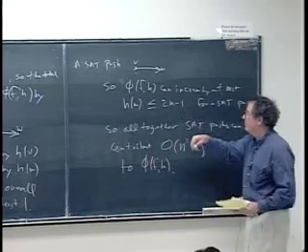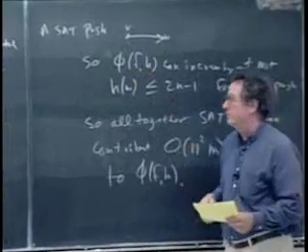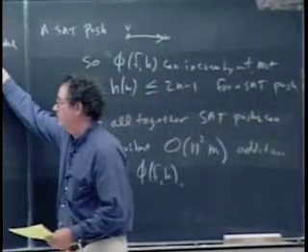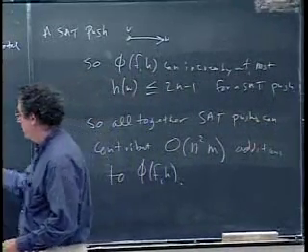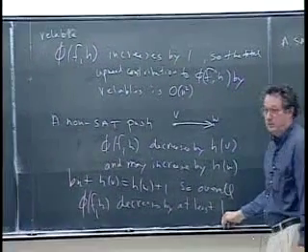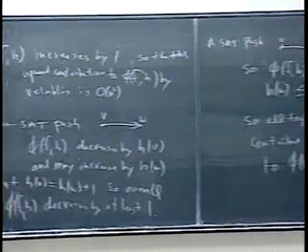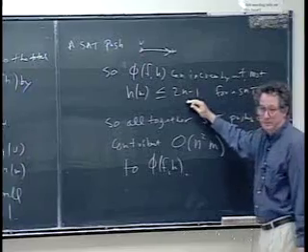So again, if we're watching the algorithm and we're watching this function, whenever you do a relabel, the function goes up by 1. If you do a non-saturating push, then it decreases by at least 1. And when you do a saturating push, it increases by at most 2n minus 1.